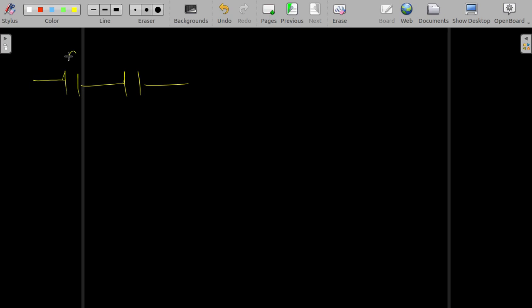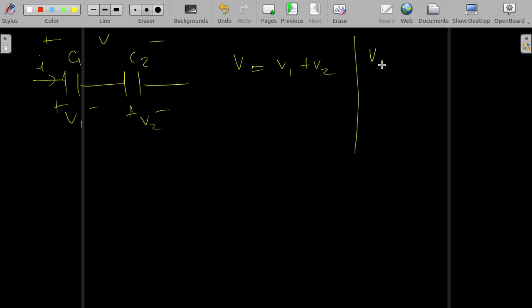It will be for capacitance C1, C2, we have an I here, V1, V2, right, and the total voltage is V. So again V equal to V1 plus V2, but V1 equal to how again, remember capacitance behaves differently to that of inductors and resistances.